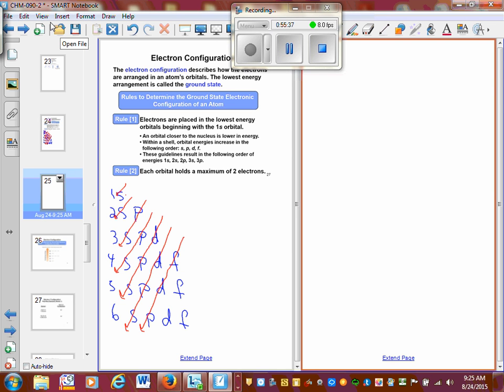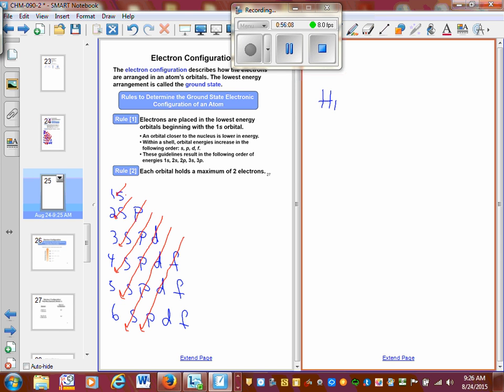Hydrogen. How many electrons? 1. So, looking at our chart, we have to give it its address. What's its principal energy level going to be?